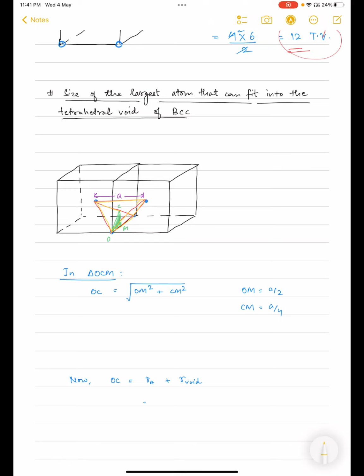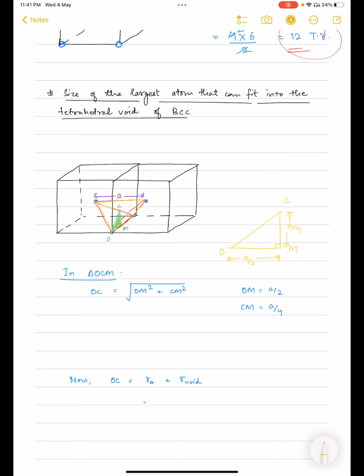This is perpendicular. OM is a by 2, whereas CM is a by 4.